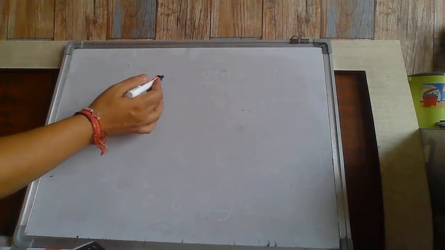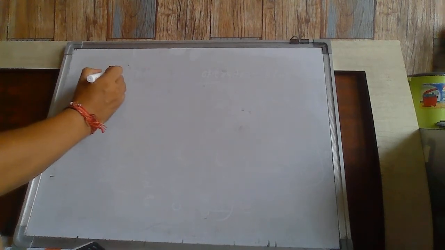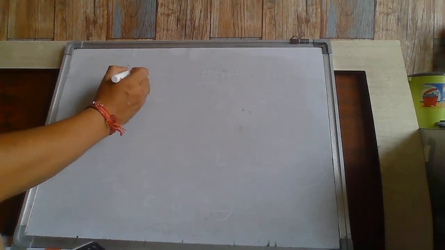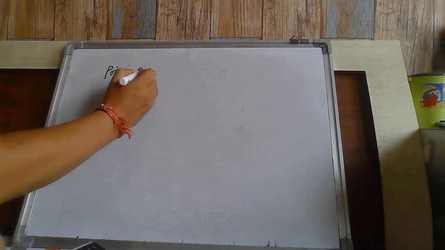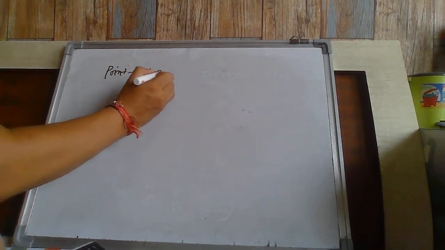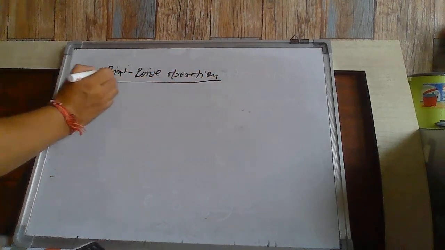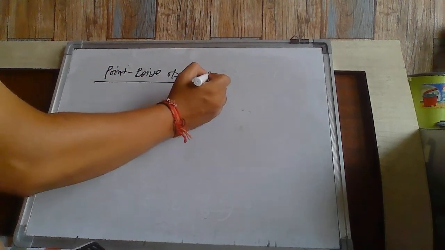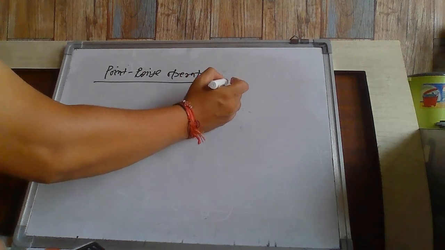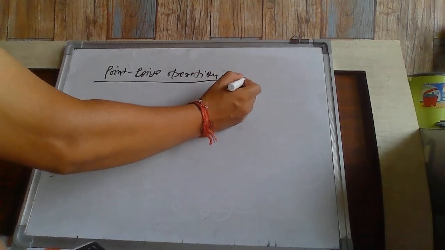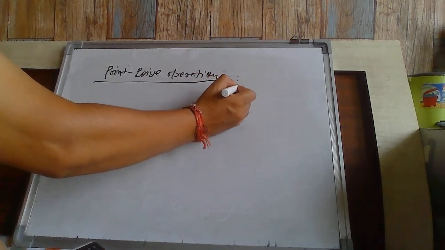Now let's see a few numericals on point wise operations also. We have seen arithmetic operations, and the second topic we have discussed is point wise operations on pixels. What did we talk about? Basically, you are operating only on that pixel rather than bothering about its neighbors.